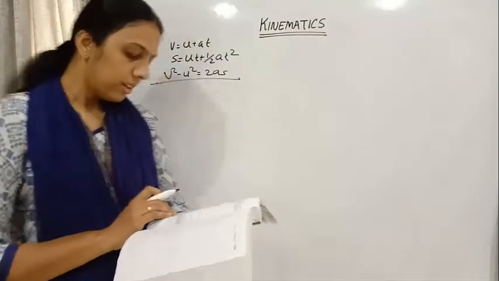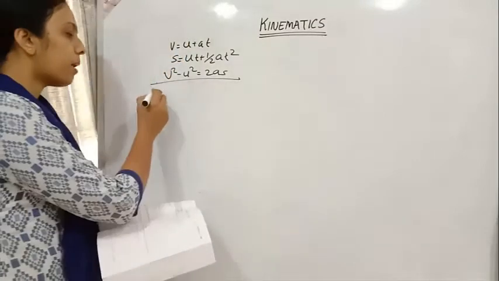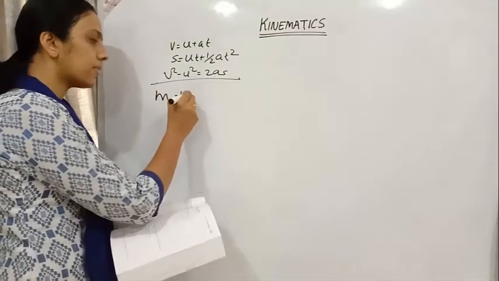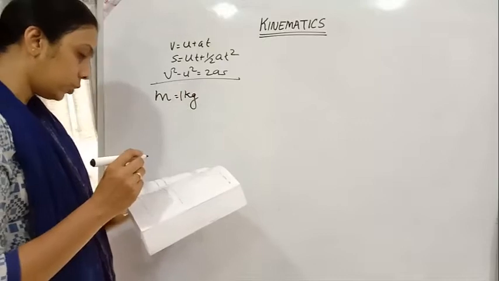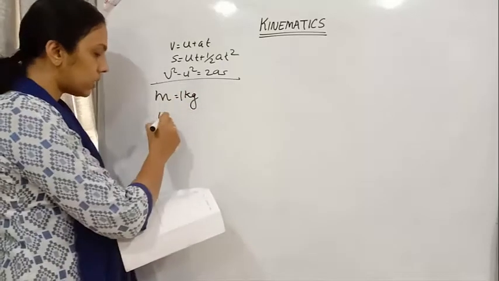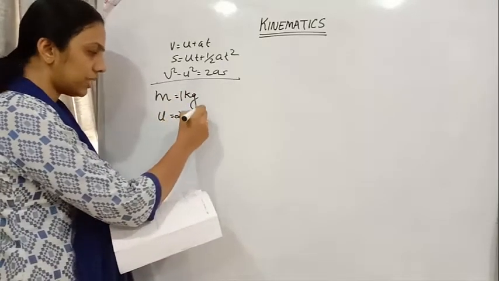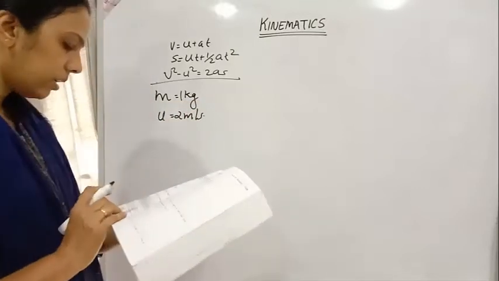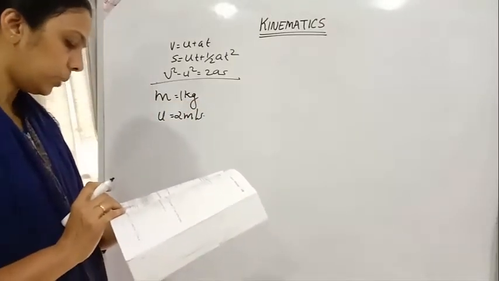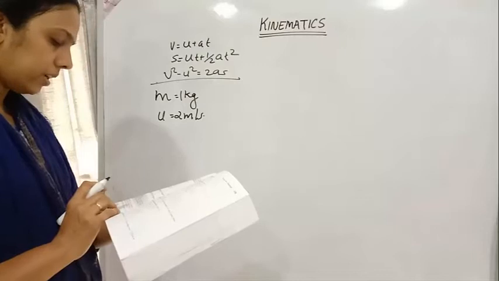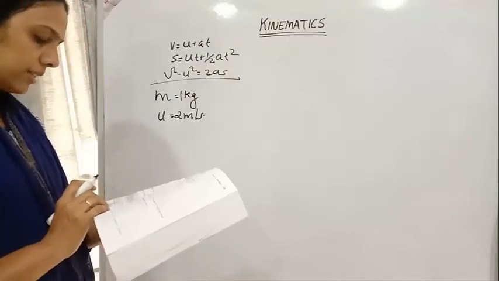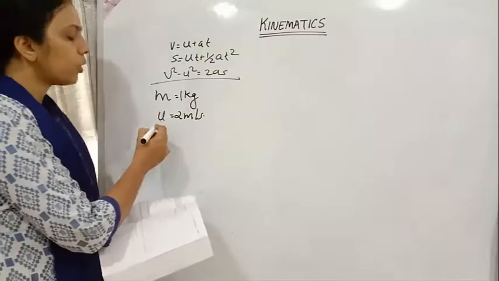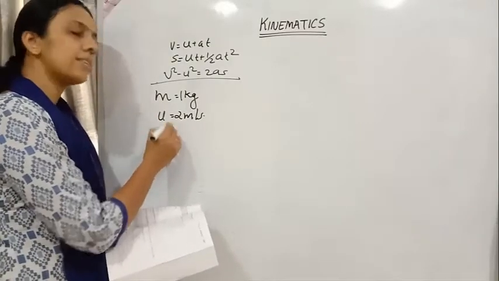Here, a particle of mass 1 kilogram, so mass is given as 1 kilogram, has a velocity of 2 meters per second. A constant force of 2 Newton acts on the particle for 1 second in a direction perpendicular to its initial velocity. Mass is not changing.